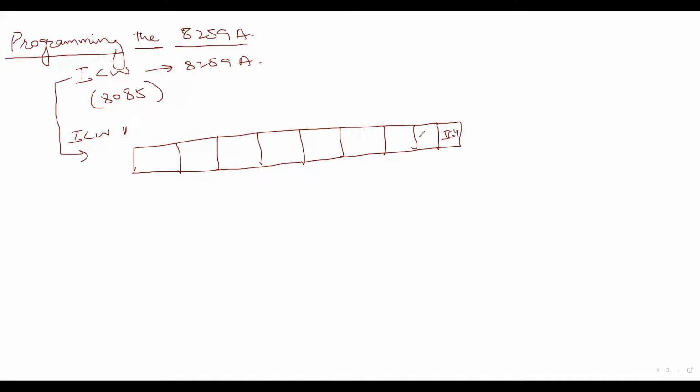This one is SNGL. I am writing the short forms. This is ADI. This is LTIM. This is 1, always 1. This is A5, A6, and A7. And this is 0. Let me name these bits D0, D1, D2, D3, D4.